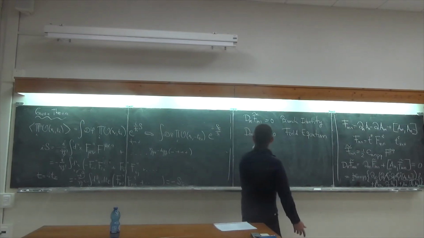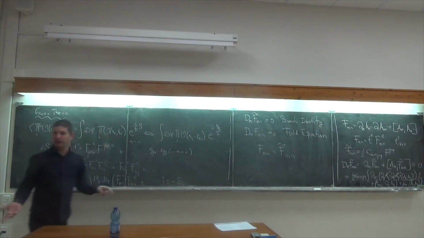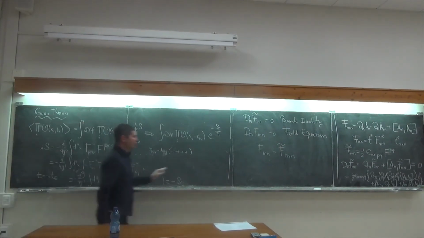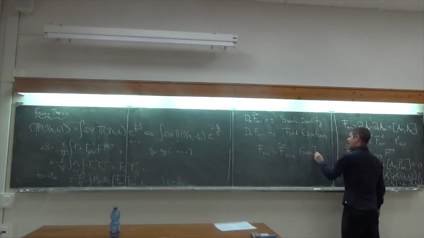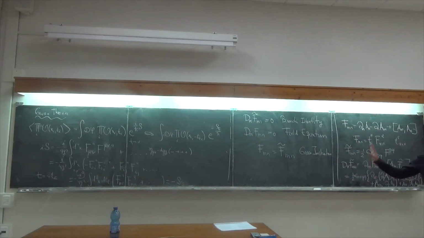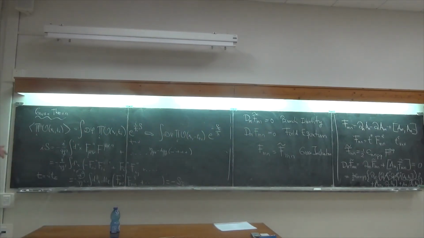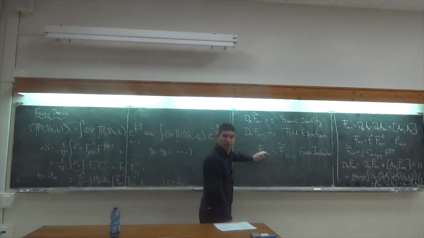There is a solution for this equation if I take F_mn equal to F tilde_mn. This is automatically a solution. And this is what is called a self-dual gauge field. Sorry, I still didn't show you that this is a minimum. Let's compute now the action and show that this is a minimum. Okay, but for sure, this is a solution of the equation.